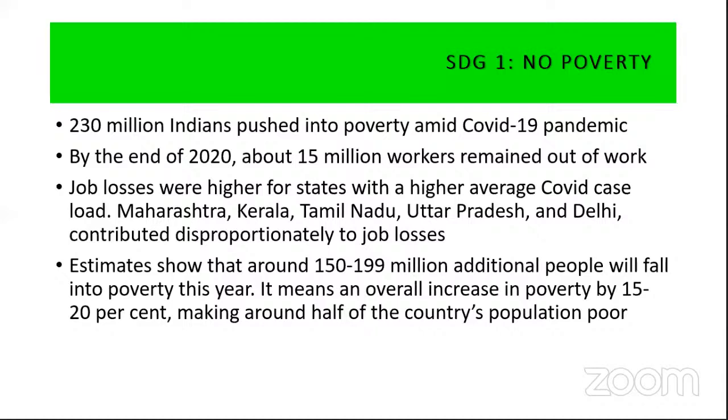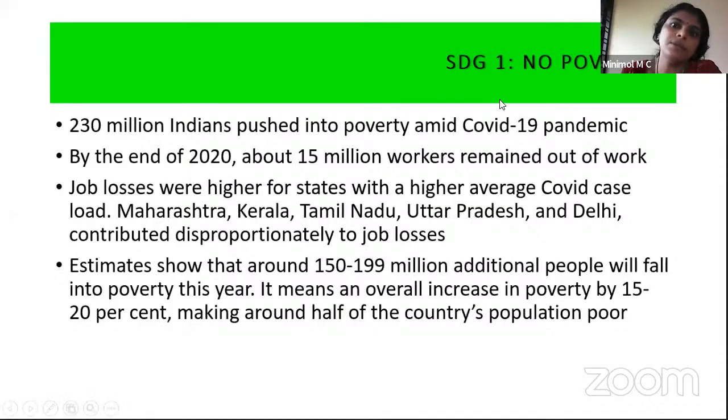So, when you take the case of India alone, 230 million Indians were pushed into poverty because of the COVID-19 pandemic. By the end of 2020, about 15 million workers remained out of work. Job losses were higher for those states where the average COVID caseload is higher.